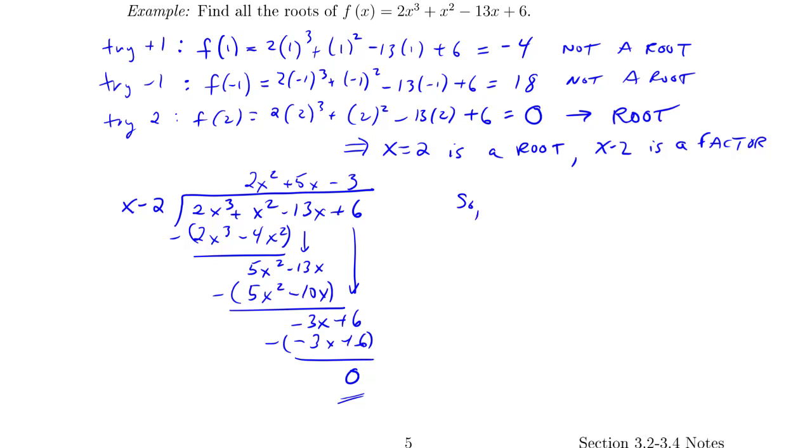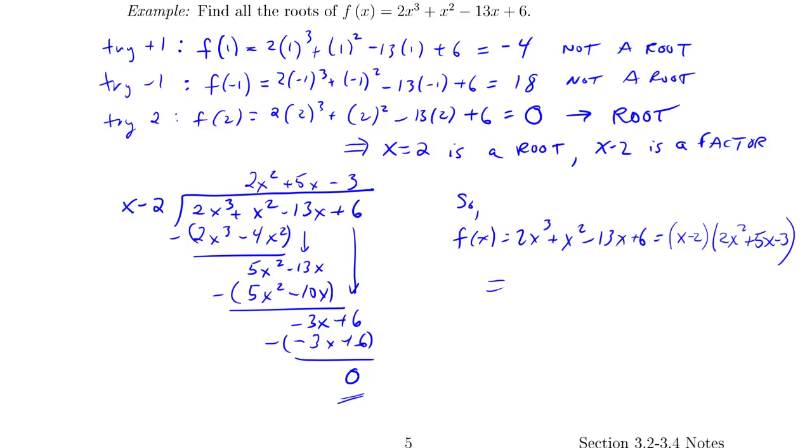So what did we find? We found that the original f of x, 2x cubed plus x squared minus 13x plus 6, is actually x minus 2 times 2x squared plus 5x minus 3.